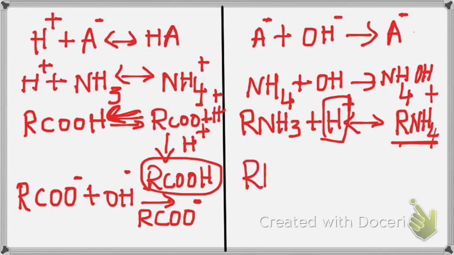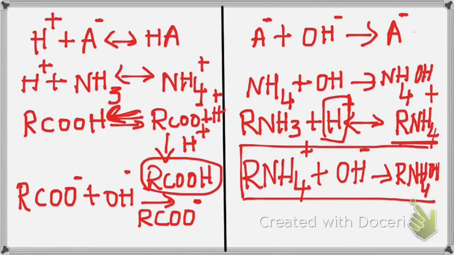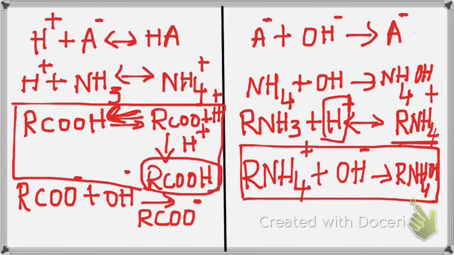When this enters into the basic medium, it unionizes, or it is unionized. So weakly basic drugs are unionized in the basic medium, whereas weakly acidic drugs are unionized in the acidic medium.